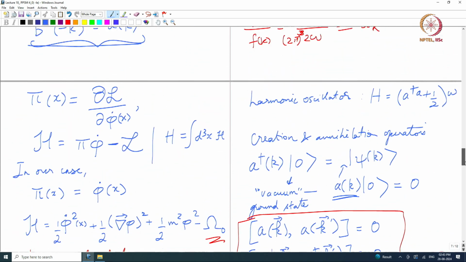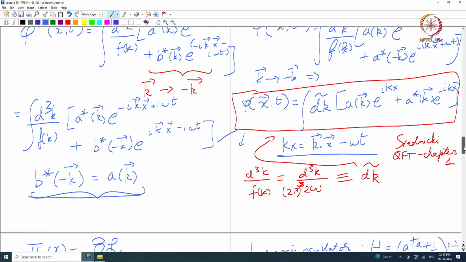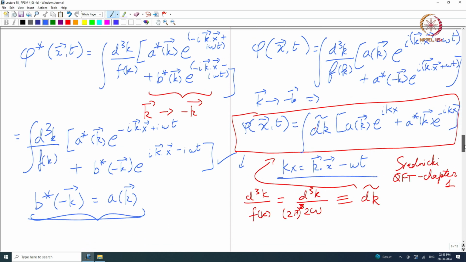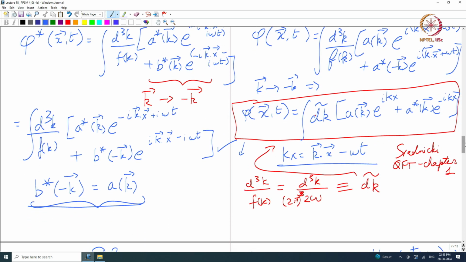So what was the general solution that we had for the real scalar field? Remember, we enforced the condition that the field we are working with is real. When we did that, this was our solution, correct? The general solution had an operator A which we associated with destruction of particles, and an A star which we associated with creation of particles with momentum k, and each had its own energy dependence.